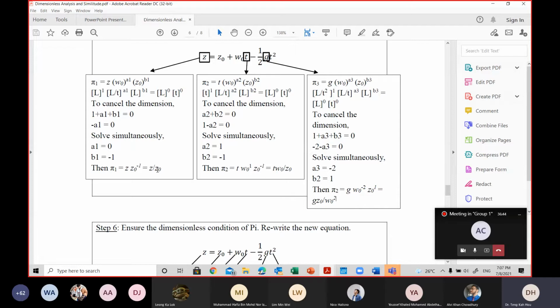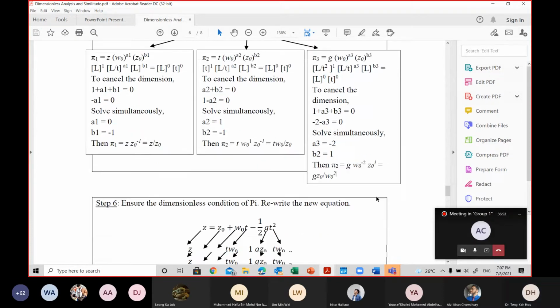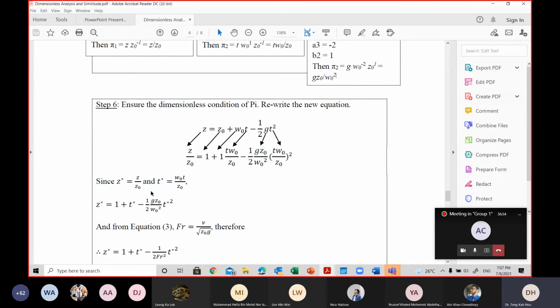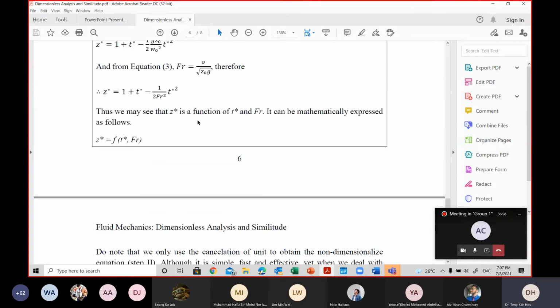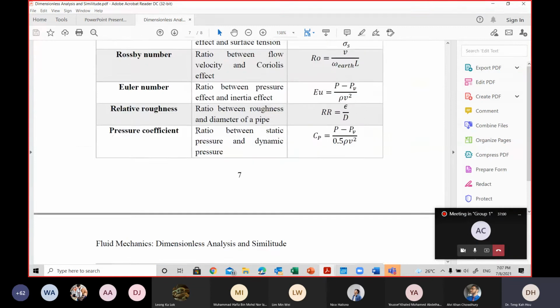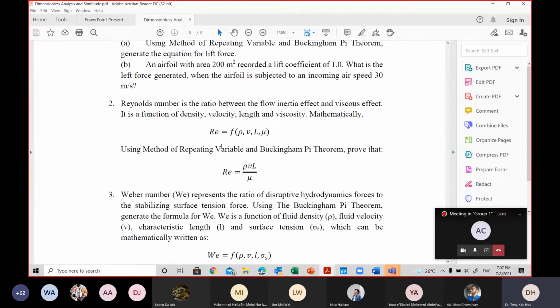When you arrange in this way, you will get the dimensionless equation. So this is the information we can know. In case you want to put in a value, you must follow the question. For example, question 2: prove me your equation in this way. So you can rearrange that.